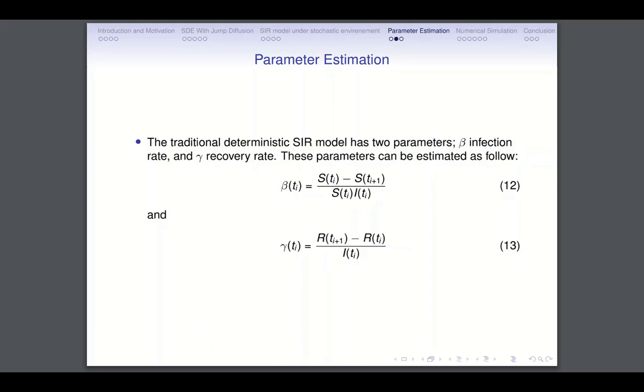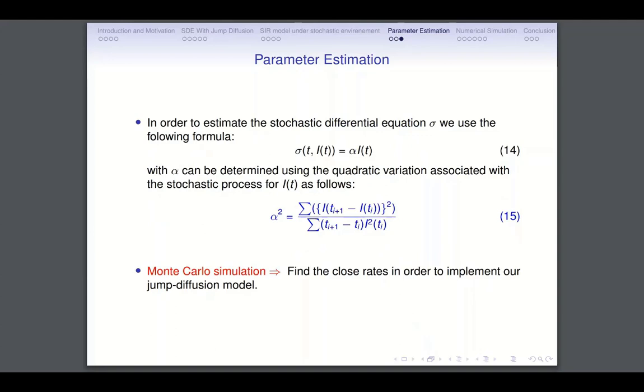Then, in order to find the volatility or the variance of our stochastic differential equation, we can use equations 14 and 15, and then using Monte Carlo simulation, we can find the jump rate in order to implement our jump diffusion model.